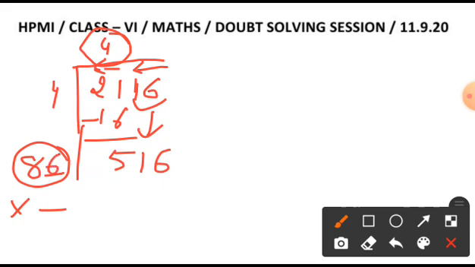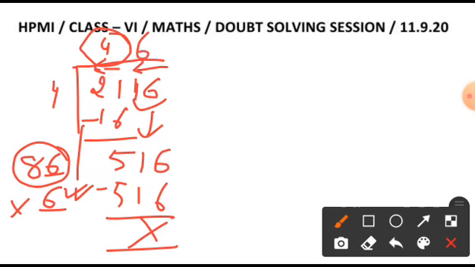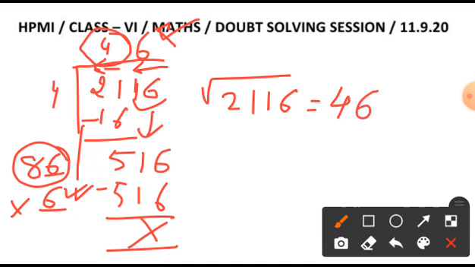So we are taking 6. 86 6s are 516. Correct? No remainder is there. So we are writing this 6 over here. So we are finally getting root over of 2116 as 46. I hope children that now you have understood the method of finding the square root by division method.